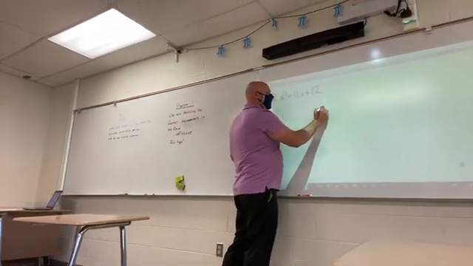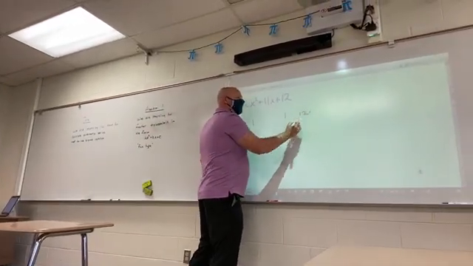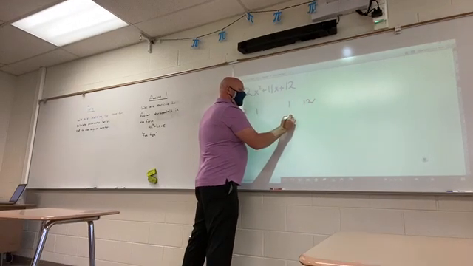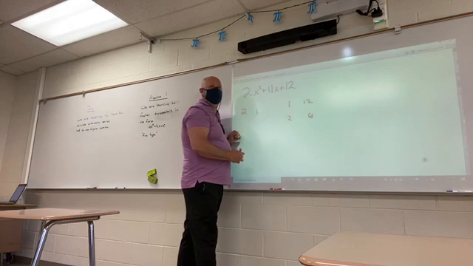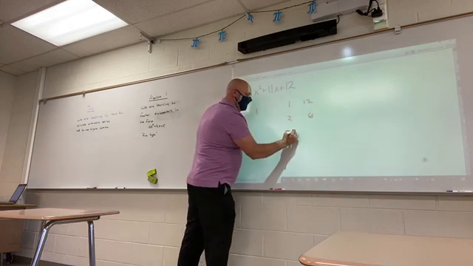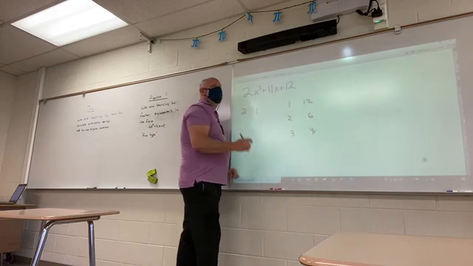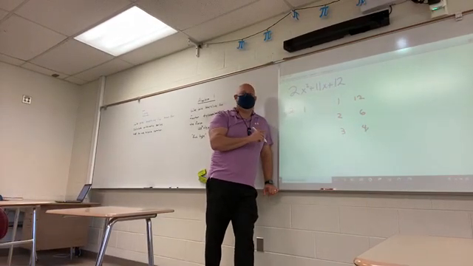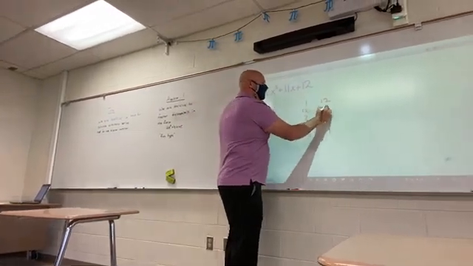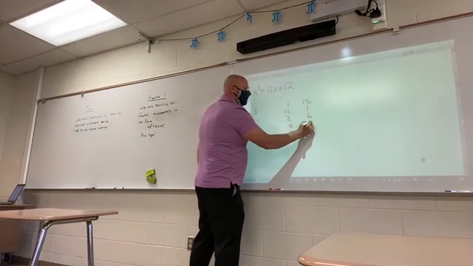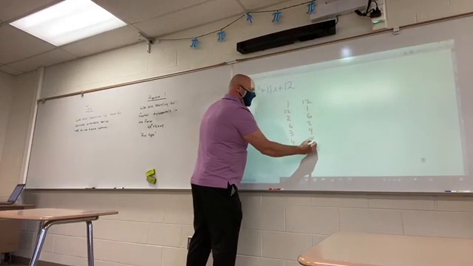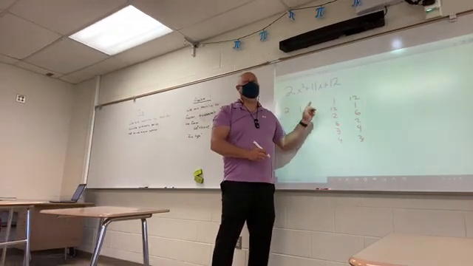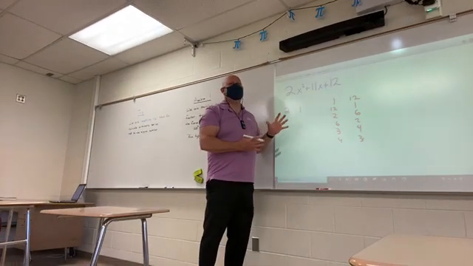So I like to put them in order. 1 and 12. And then you got 2 and 6, right? And 3 and 4. Now, it doesn't matter which list, but one of the 2 lists you have to list in both orders. So you got to list it both ways. You go 1 and 12, 12 and 1, because it could be either or.